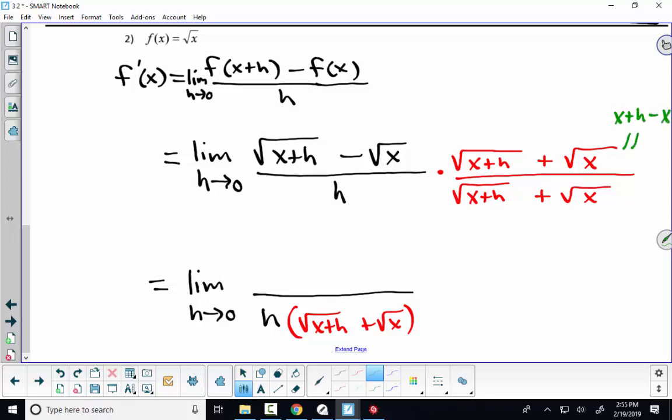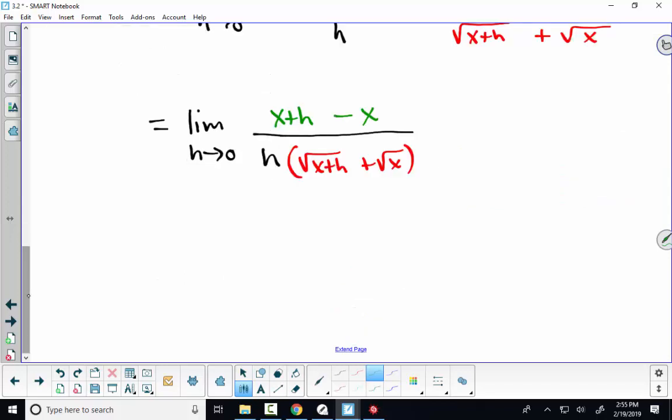All of this stuff on top is equal to that. So then we see what happens there. The x's add to 0, and then we have the h over this h, so that divides out.